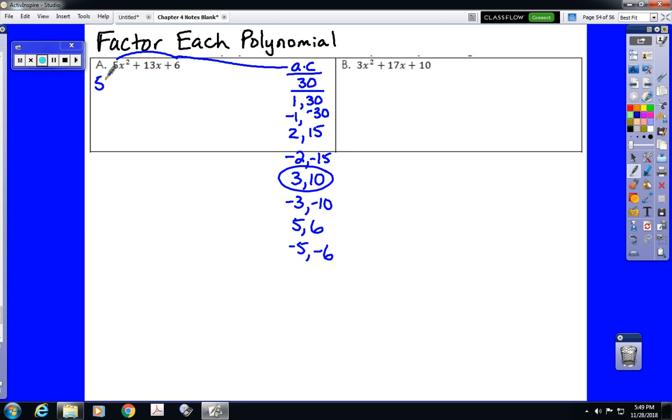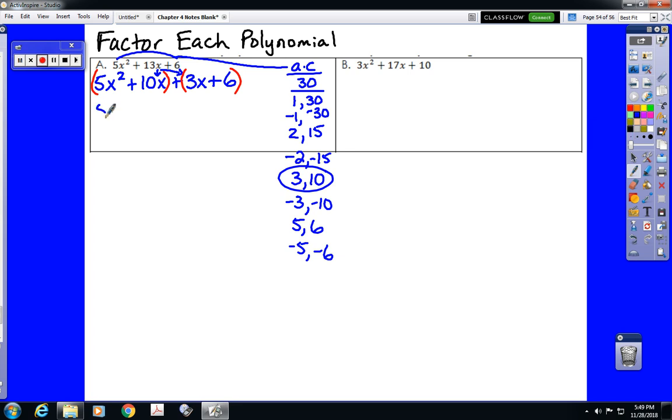And we're going to break that 13x up into a 10x and a 3x. And again, it doesn't matter which term you write first, as long as they're both there. That's the 13x getting broken up into those two. Then we're going to group. So 5x squared and 10x get grouped. 3x and 6 get grouped.